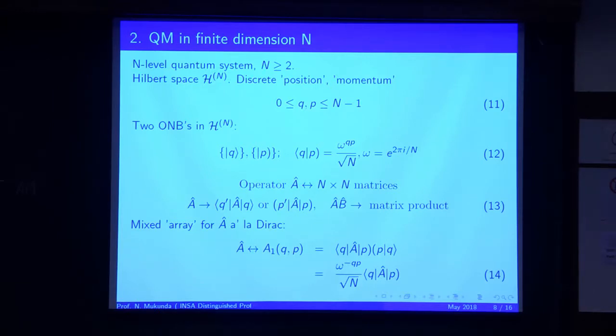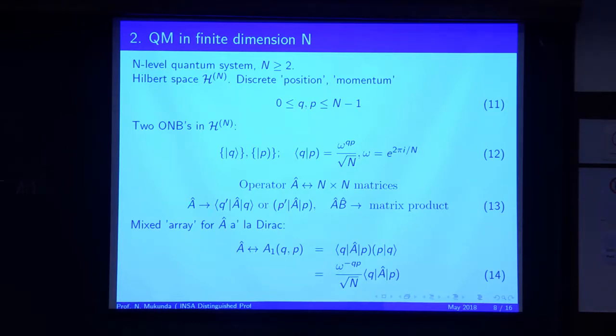Then you introduce in this Hilbert space two orthonormal bases, a position eigenstates basis, momentum eigenstates basis, but these are strictly normalized to unity, each one of them. They are all unit vectors, and here is the overlap, the analog of the plane wave.